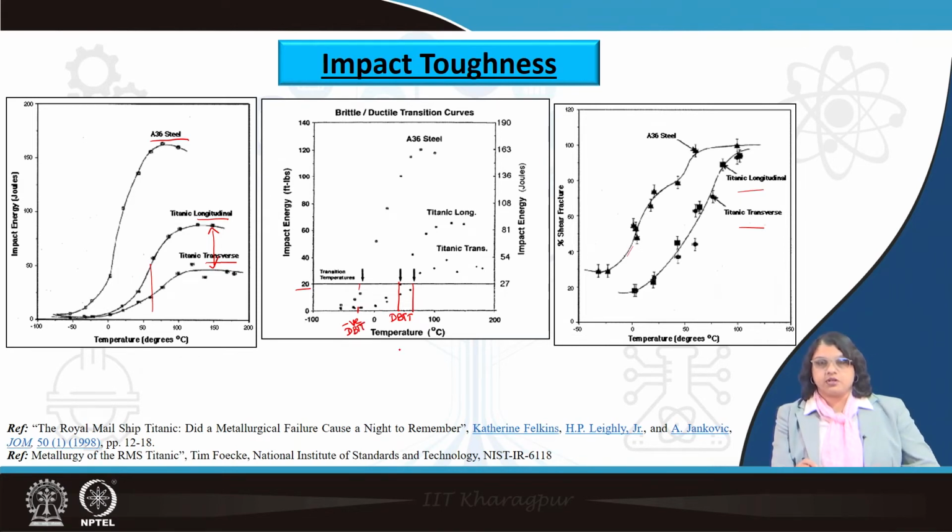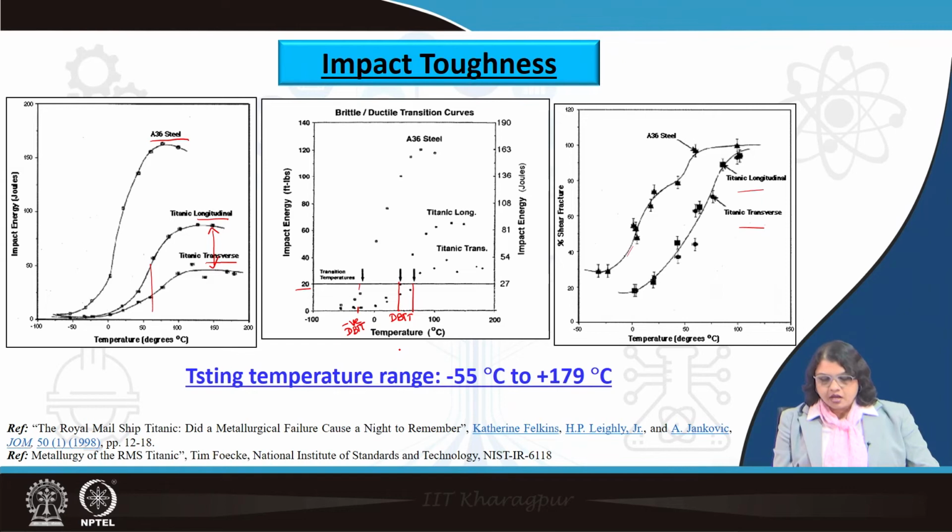So, sub-zero temperature. Obviously, we have also discussed in the previous lectures that a lower DBTT is always preferred, such that in service condition the steel should not transform into a brittle one and fail. The testing temperature range was minus 55 to almost 180 degree centigrade to check for the transition from ductile to brittle.